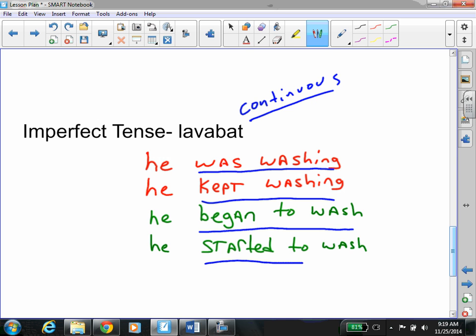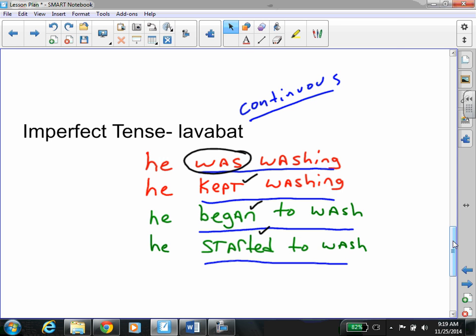He started to wash and continued to wash. These are all continuous action. So continuous action in the past is imperfect tense. I would suggest that you focus on was or were as the translation, and just remember that kept, began, and started are ways to translate it. Was or were is still the best way to translate the imperfect tense.